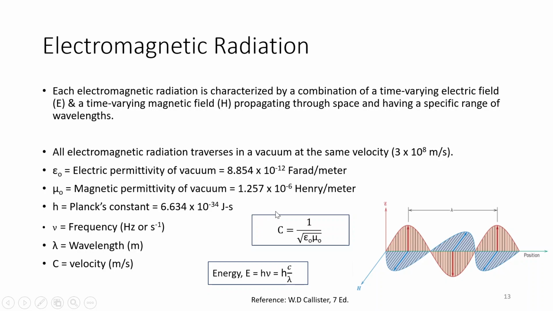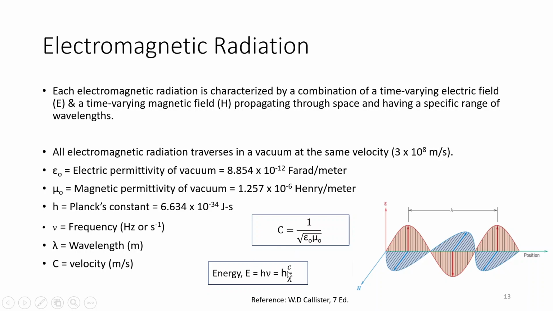Now there are relations, for example for the speed of light c, velocity, and energy. Energy can be given as h, which is Planck's constant, times nu. So nu is the frequency of the radiation. Nu can also be written in terms of wavelength, c upon lambda.